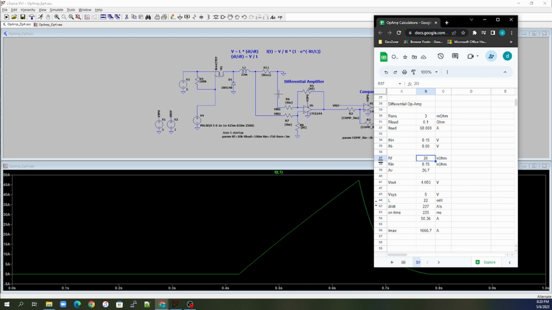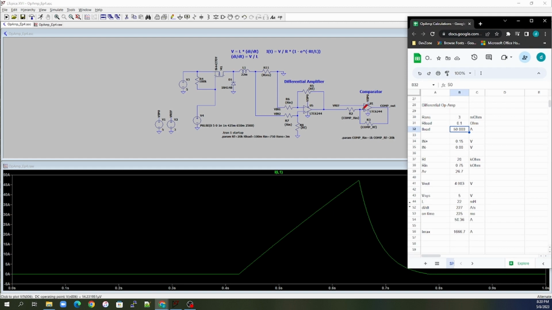So we know that a differential amplifier will give us 4 volts on the output when we reach 50 amps. Now, we feed that into our comparator. As we know, this is a non-inverting comparator. So our V reference over here is 3 volts.